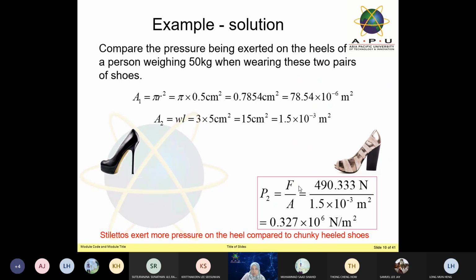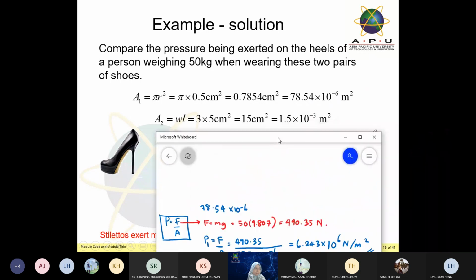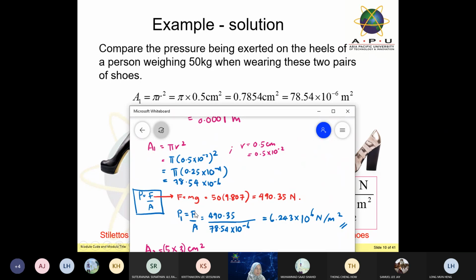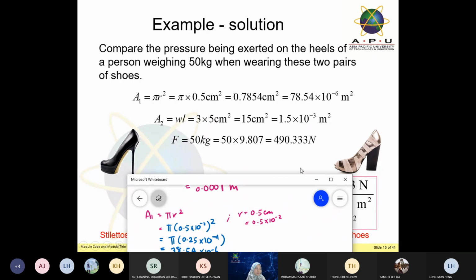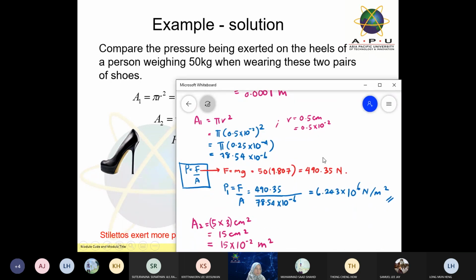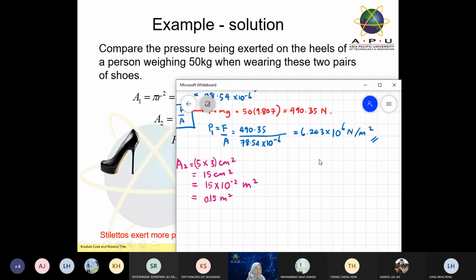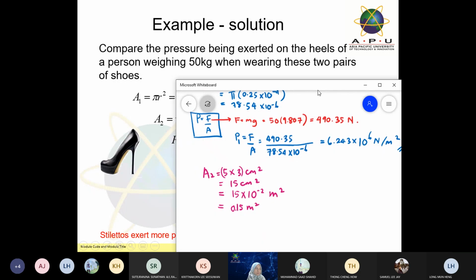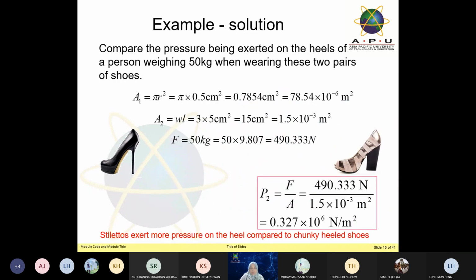Okay, after that the pressure is 490.33. 35 or 33 just now? 490.35 I put, but theirs is 33. It's okay, okay. Then you use the P2.